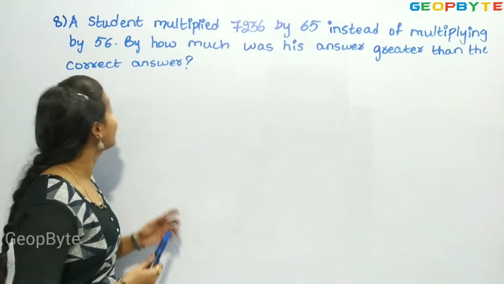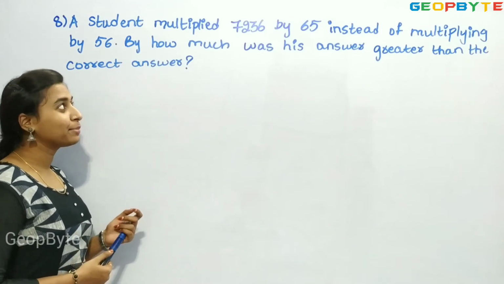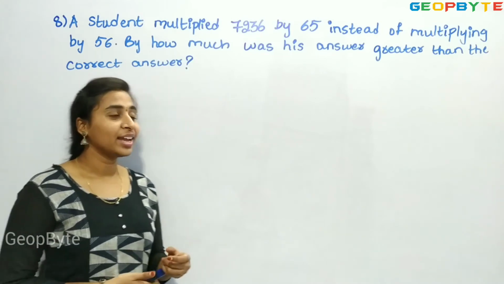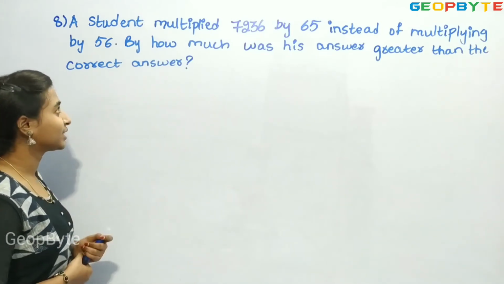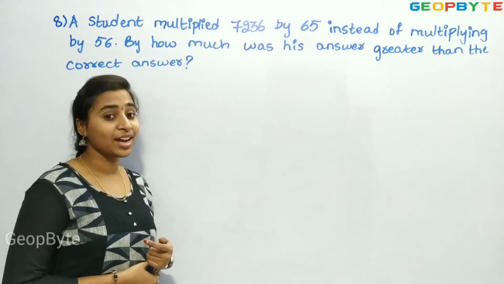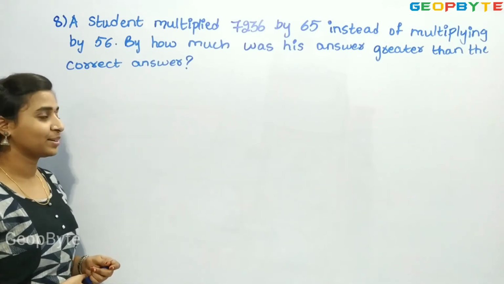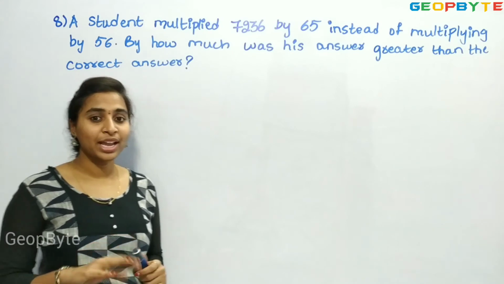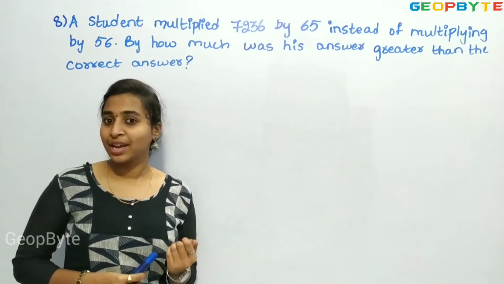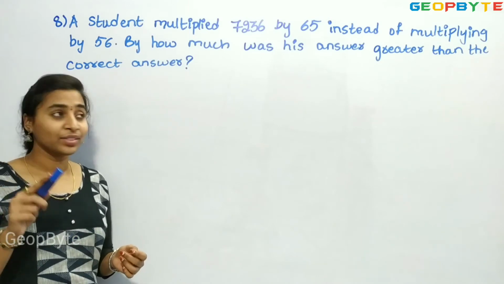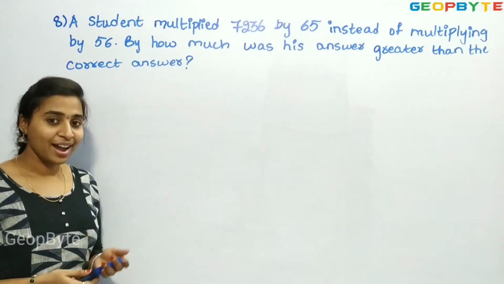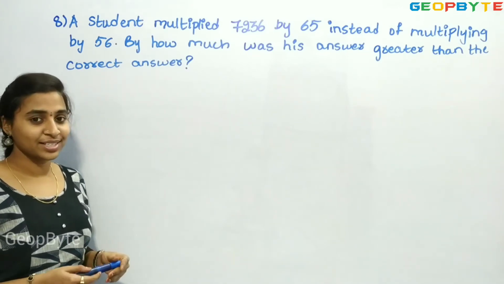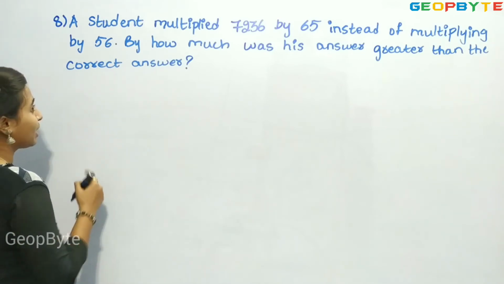Now let us see 8th question. A student multiplied 7,236 by 65 instead of multiplying by 56. By how much was his answer greater than the correct answer? Right? So a student multiplied 7,236 by 65 instead of multiplying by 56. So we need to find out the difference between the answers. That is, how much was his answer greater than the correct answer. So first let us write the given data.